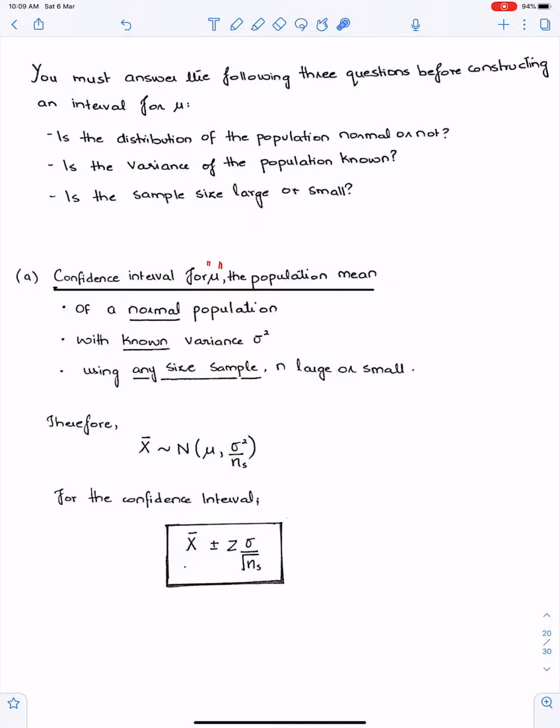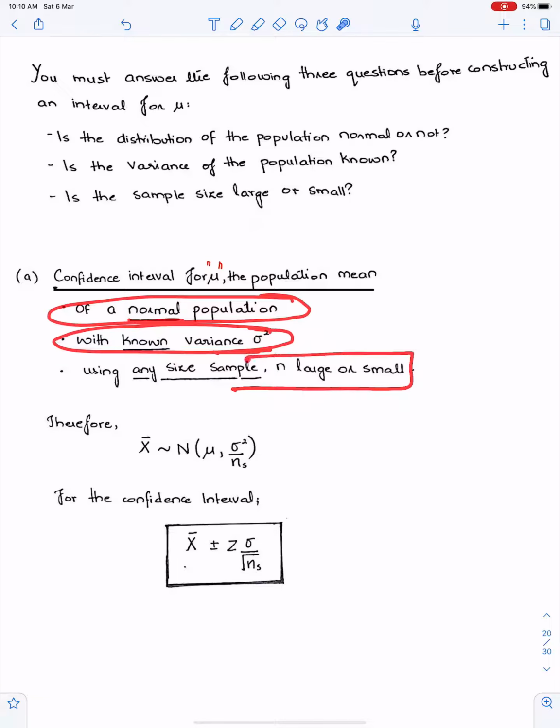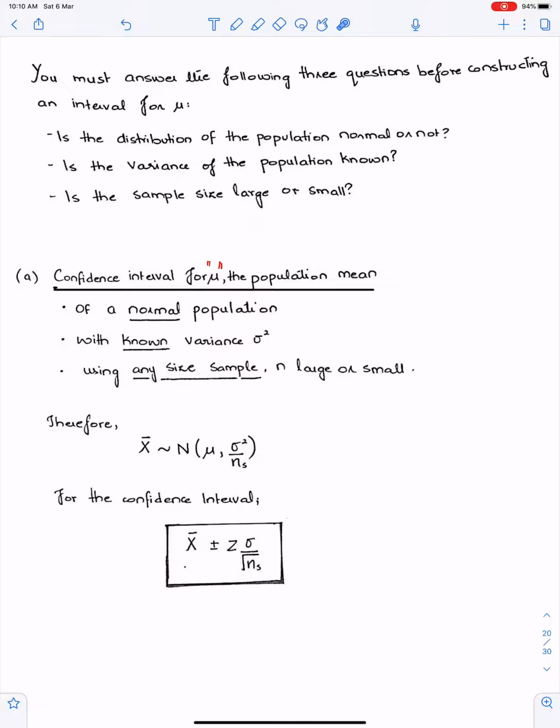When population is normal and variance is given, then the sample size is irrelevant. Whether the sample is small or large, it does not matter. Make sure if the population is normal and the variance is known, then sample size is not important. Any sample size is fine.